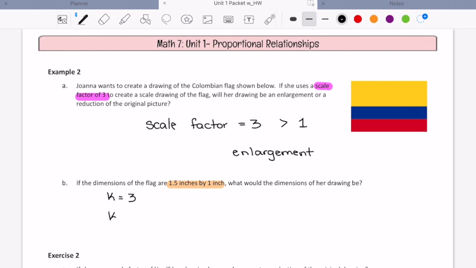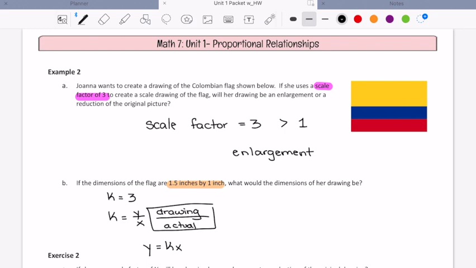We also know that k is y divided by x, and when we talk about scale factor, it's drawing divided by the actual. When I have a constant of proportionality, I can also write that in the form of an equation, y equals k times x.